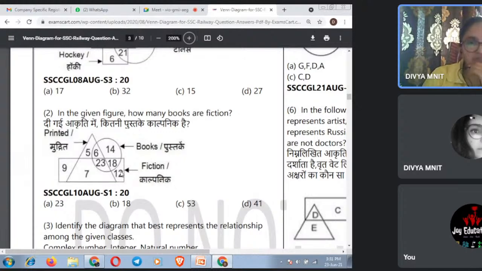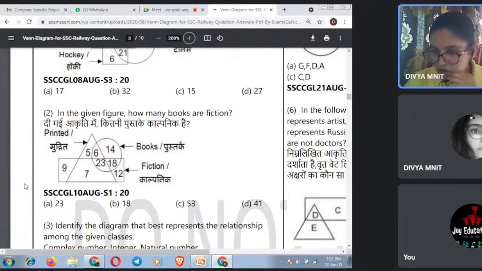Which number will lie in the circle and rectangle but not in the triangle? How many books are fiction? Option B, 18.